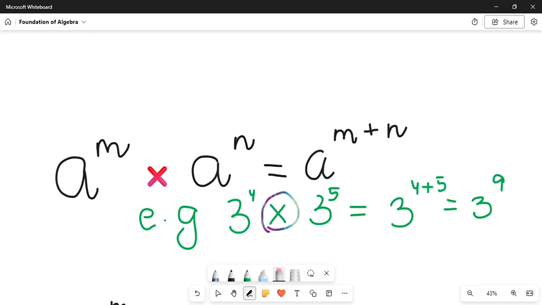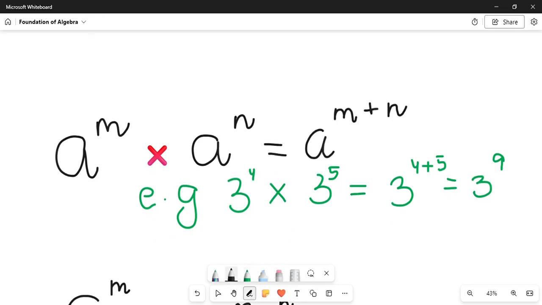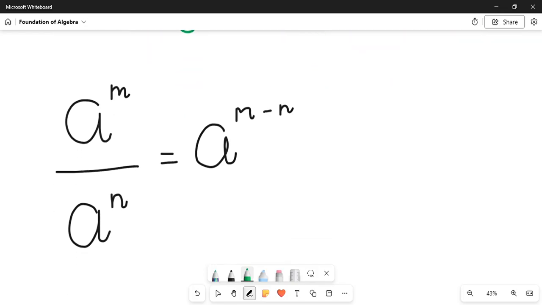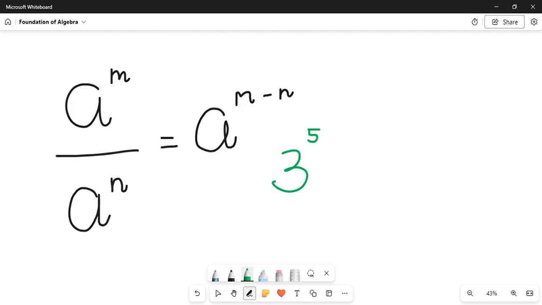And let's move on to the second law. So the second law is if we have the same base, for example A, and we have a division sign like this, then the exponents will be subtracted, right? For example, the same example, 3 to the power of 5 divided by 3 to the power of 4.